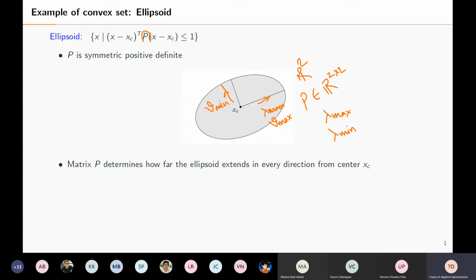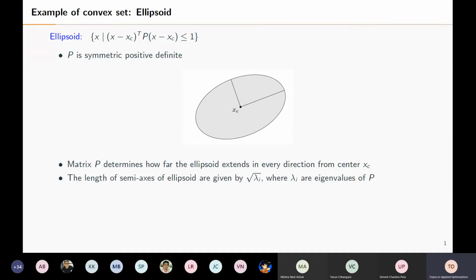So the eigenvalues play a role in how far your ellipse will stretch along one axis and so on. The length of the semi-axis is proportional to the eigenvalues lambda i.